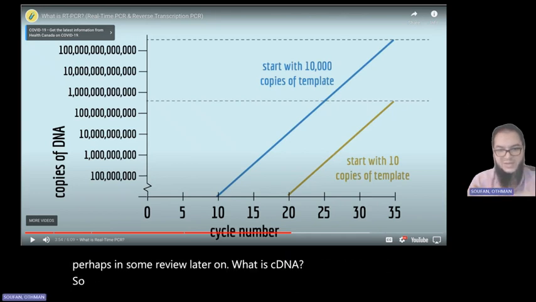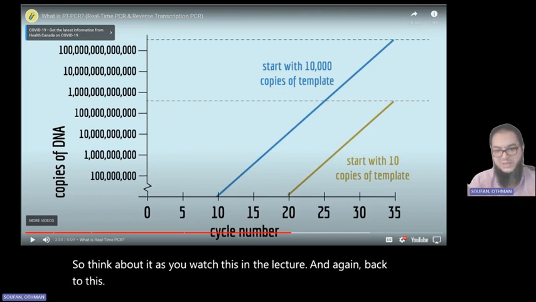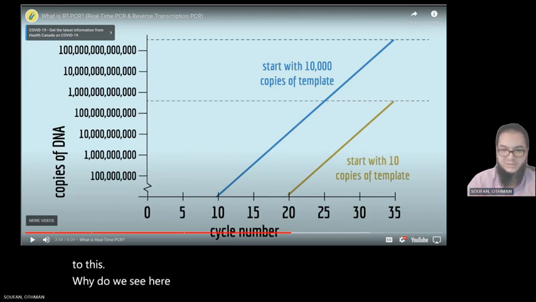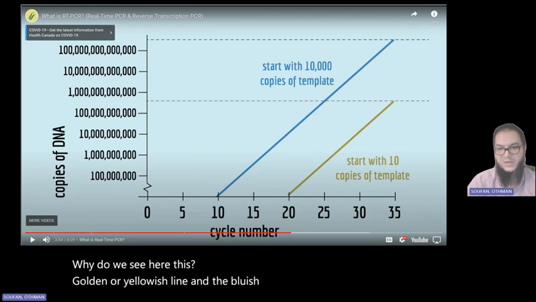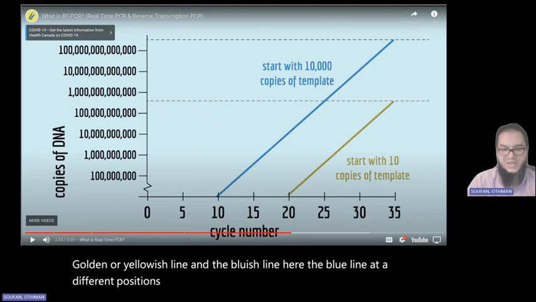So think about it as you watch this in the lecture. And again, back to this, why do we see here this golden or yellowish line and the bluish line, the blue line, at different positions? Because the starting point of the genetic material is already different.